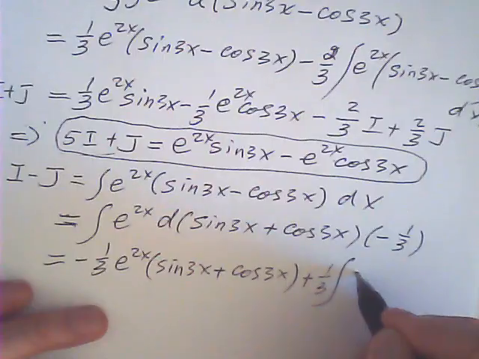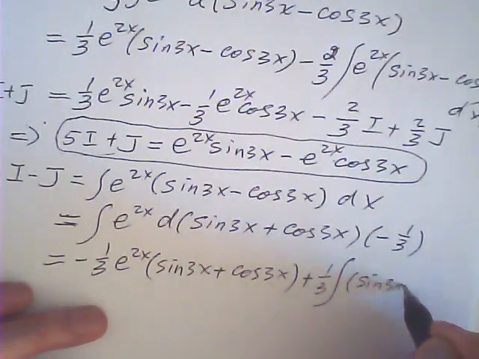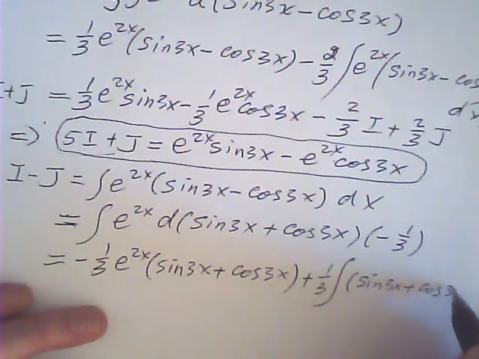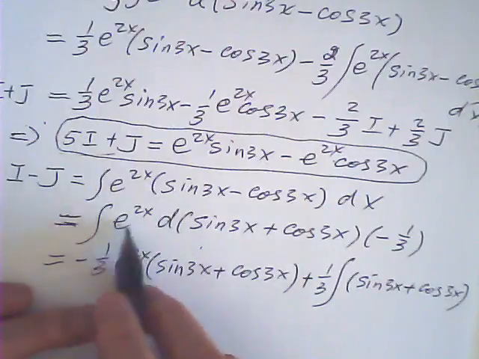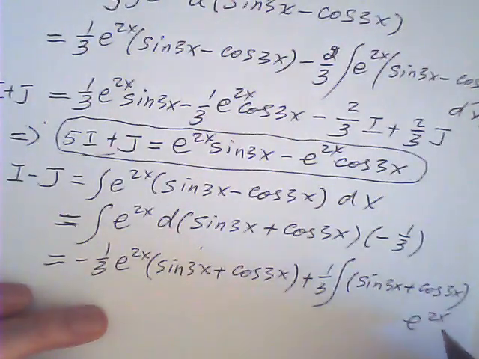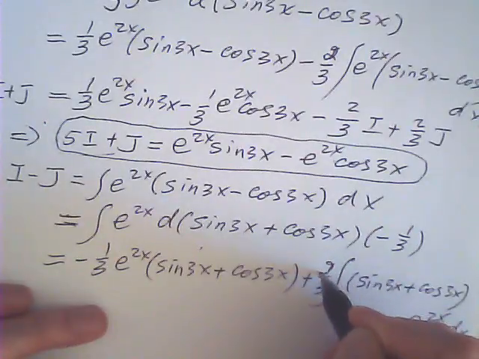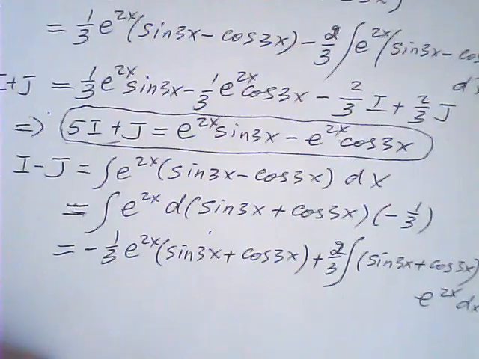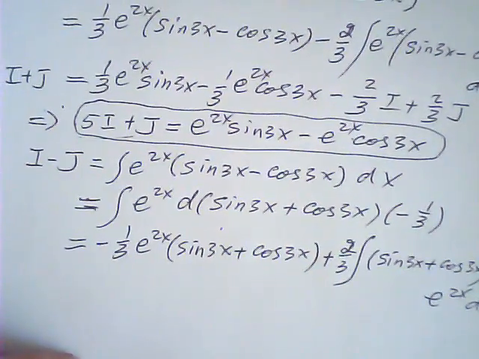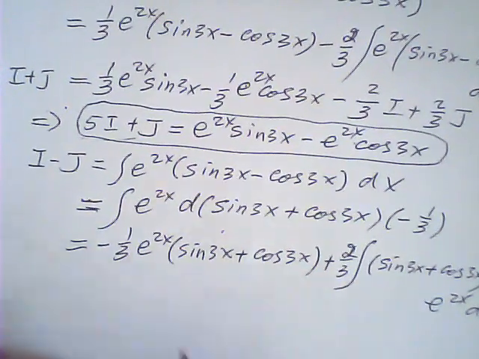This is v, right? This is sine 3x plus cosine 3x times du. Du is e to 2x times 2. No, times 2 in the front. Okay.